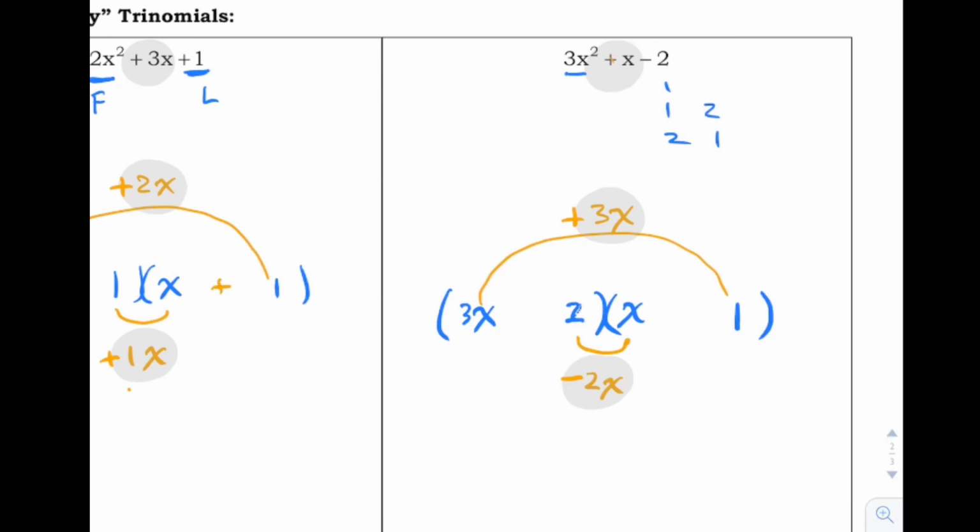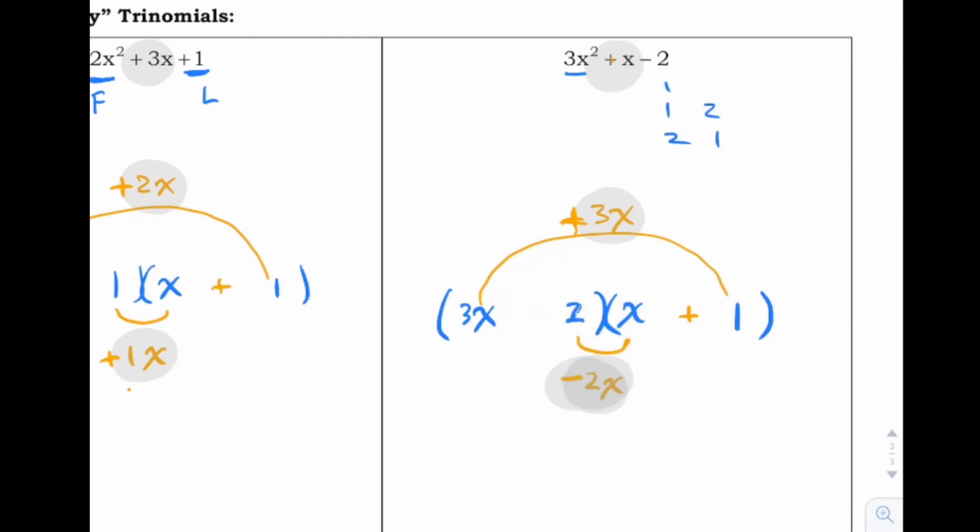So that's what we want. And then you can back up and say, okay, so if I want this to be a plus 3x, that means I have to be multiplying a 3x times a plus 1. And if I want this to be a minus 2x, then I'm going to want this to be a minus 2 times an x, right? Minus 2 times x gives me the minus 2x.